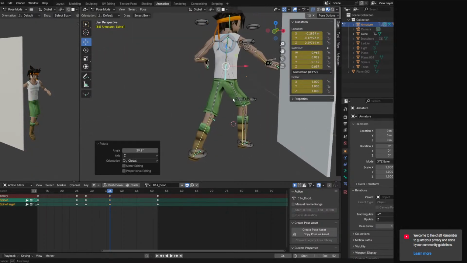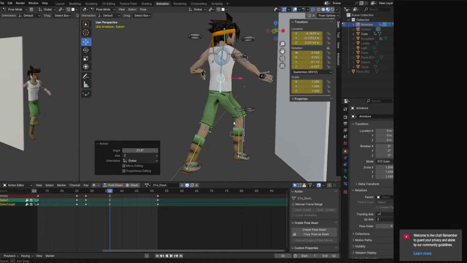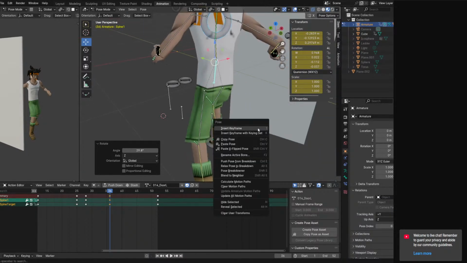Twist his hips to kind of make the legs make more sense.